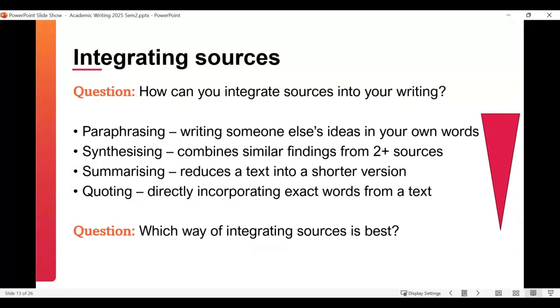Sometimes in a longer piece of text, you might quote an entire paragraph, and then it depends on the referencing style you use. There's a rule of if it's more than 40 words, and you actually need to count the words, then the formatting becomes different. And in your text, you sort of make it narrow so the reader can see, oh, this entire paragraph is literally from someone else.